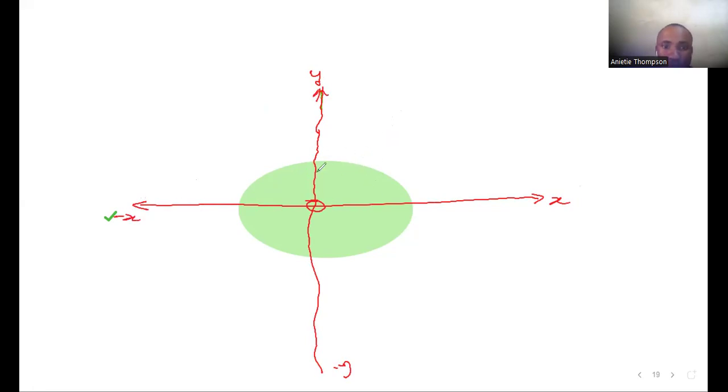So this is the C curve. I can decide to pass like this. Let me use another color.